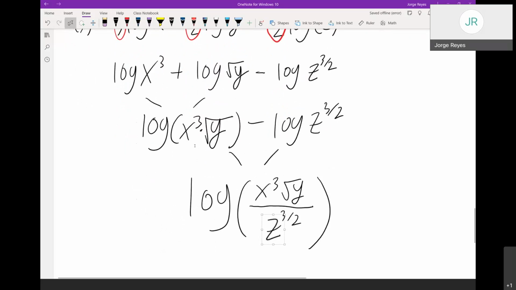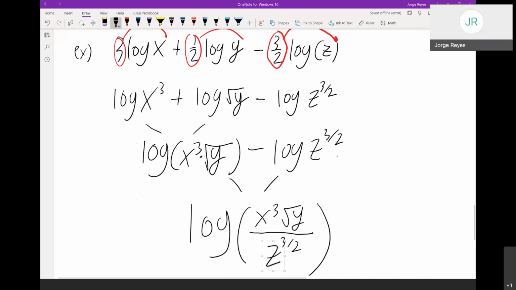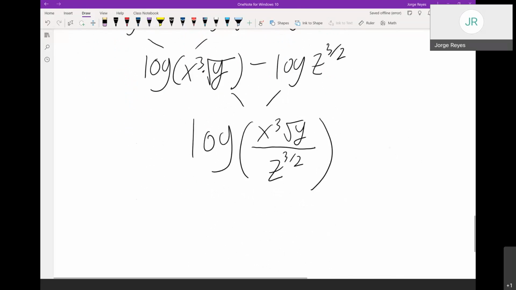This is the top, whatever is in here, and then the fraction bar is kind of the minus, and then whatever's in here would go on the bottom. All right. Okay, but this is a combine problem, where I give you a bunch of logs with just one thing on the inside, and your goal is to make one single log. Okay. All right, so let's do another example.